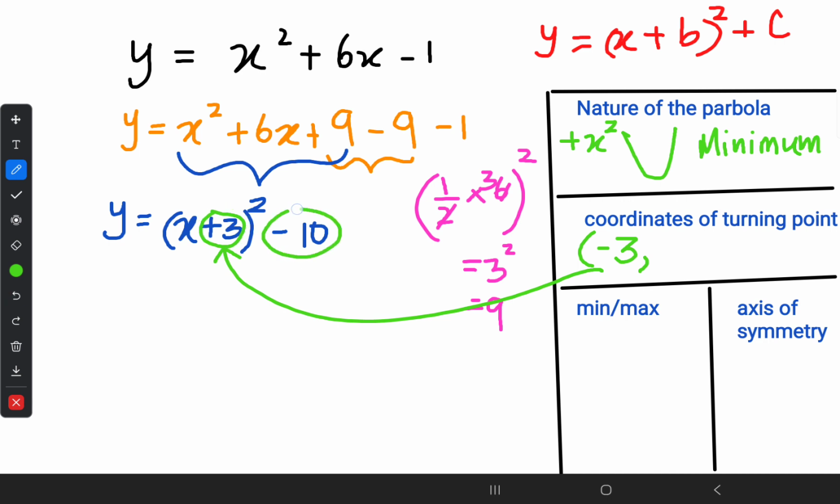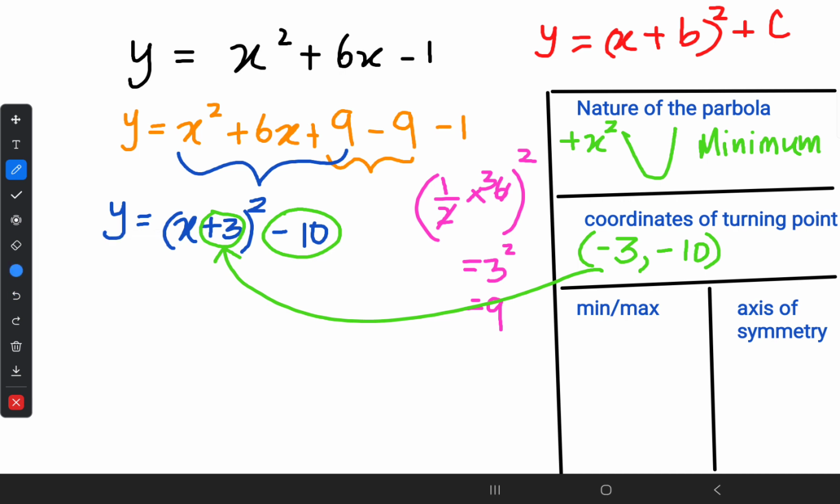And you can write this number as it is, negative 10. You only need to make the direction opposite for the value inside the square. So positive 3 became negative 3 and this constant remains the same.